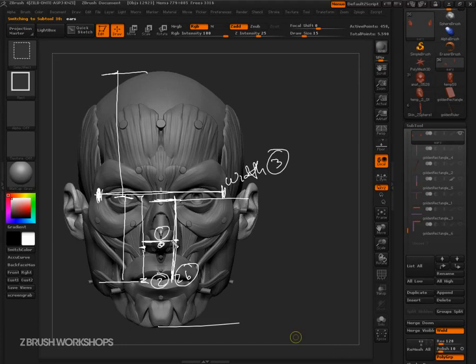Okay, the width of the nose, width of the mouth, that's another essential unit of measurement. And then the width of the eye itself. Those are 5 units that we get using a golden ruler. So now let's get in and actually build this, or apply this ruler to our old sculpt and start to push and pull this stuff around.